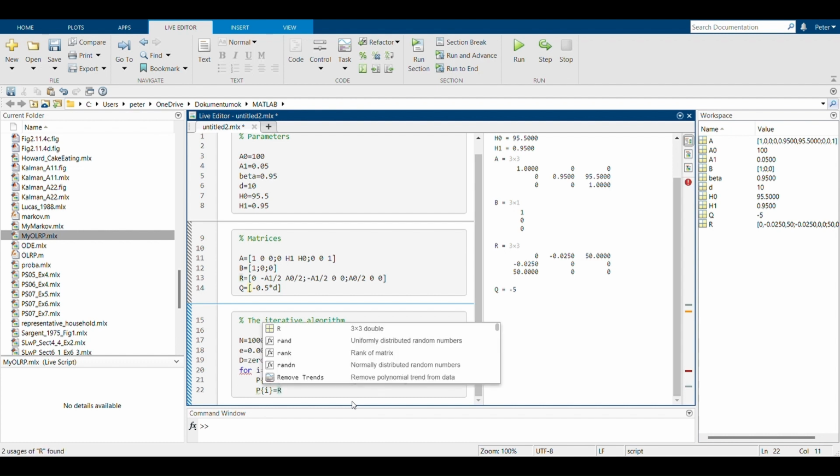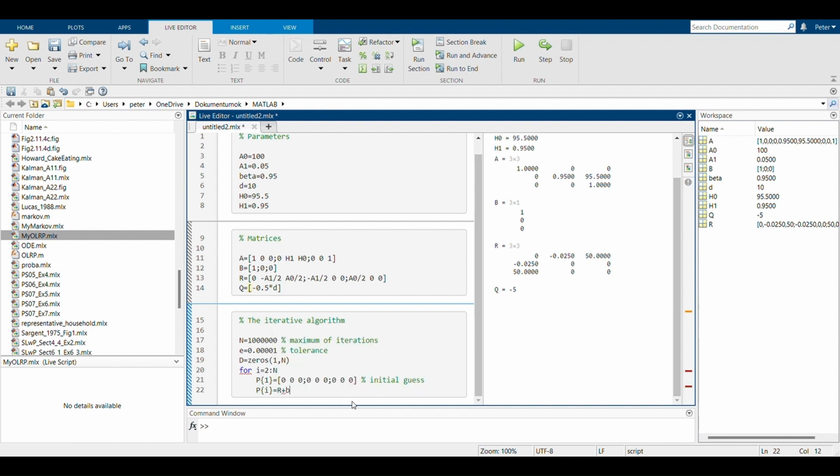So here we simply describe the algorithm, the Riccati equation, A prime R plus beta times A prime times P_{i-1}.